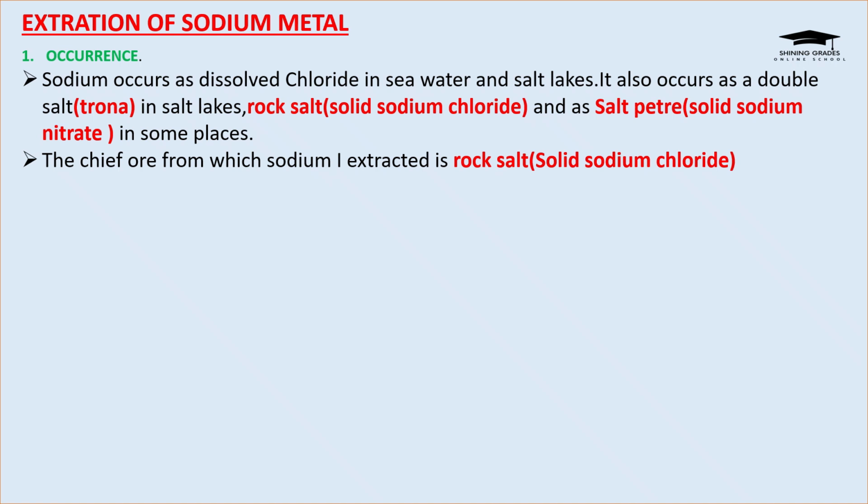So metal, sodium, occurs as dissolved chloride in seawater, meaning it is found in form of dissolved sodium chloride, or what we call aqueous sodium chloride.